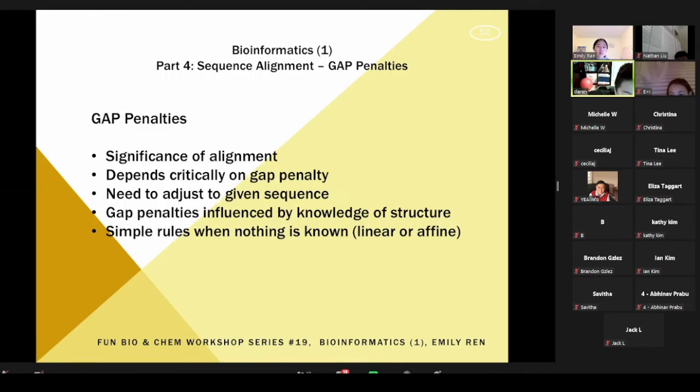For gap penalties, these can determine the significance of alignment, which depends critically on the gap penalty, and gap penalties can be changed to adjust to the given sequence. So let's say you want to maximize your score for matches, then insertions and deletions or gaps would be less valuable.